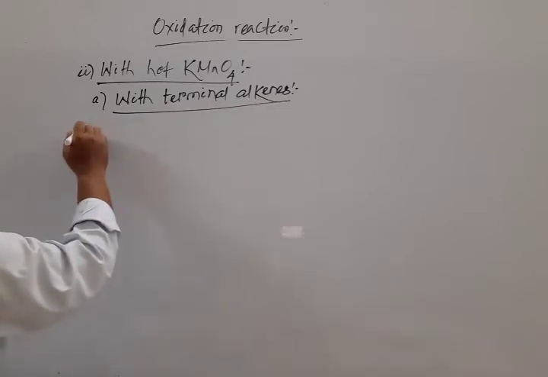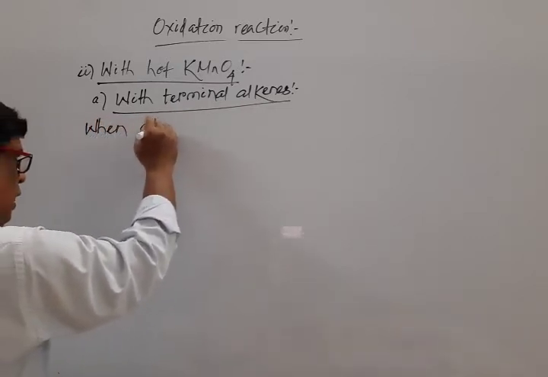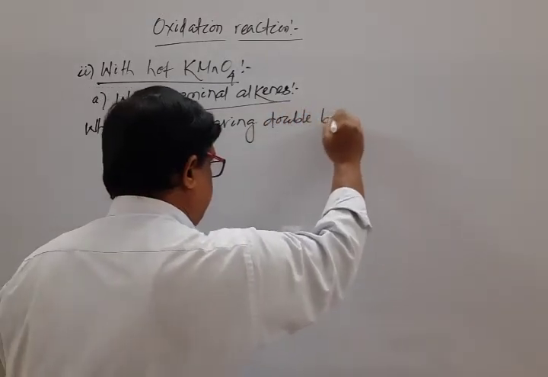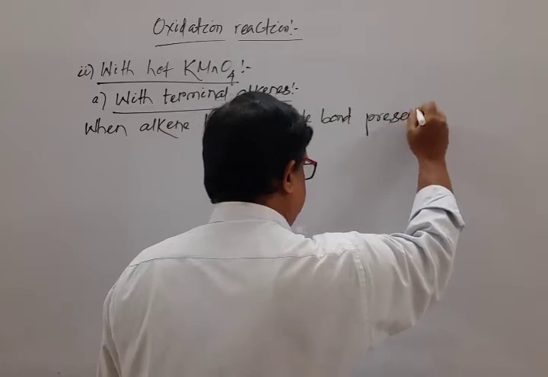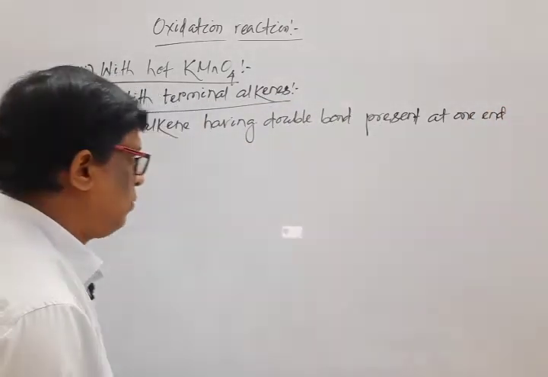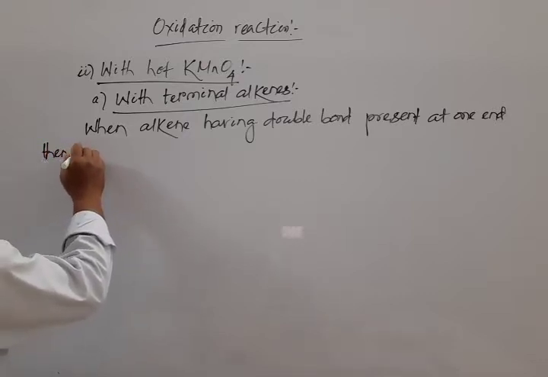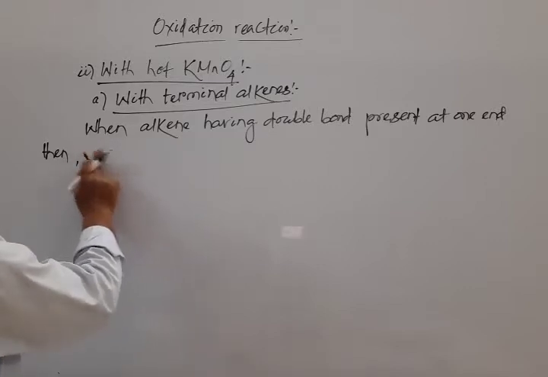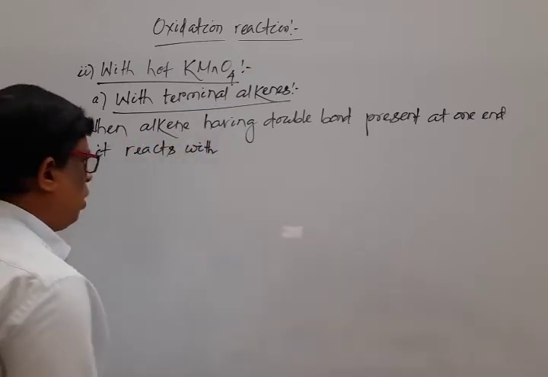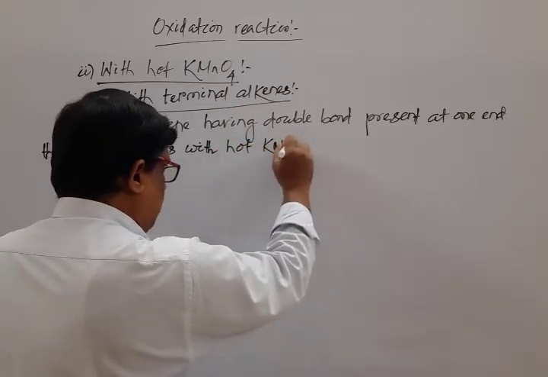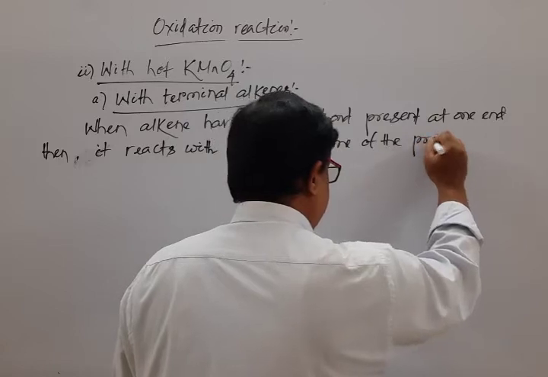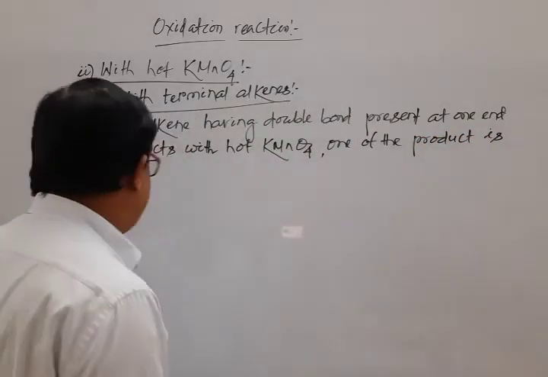Note down, when alkene having double bond present at one end, then it undergoes oxidation with hot KMnO4, one of the products is methanoic acid.